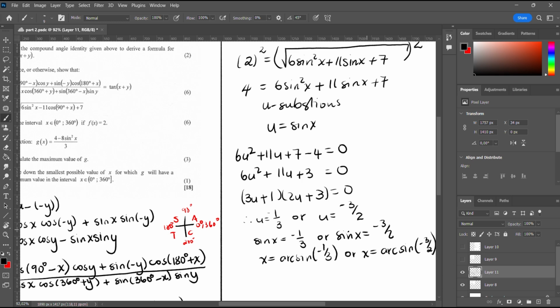Sine can never be over 1. This is 1.5, so this solution is invalid, because if you remember a sine graph, which this is, it can only go between minus 1 and 1.